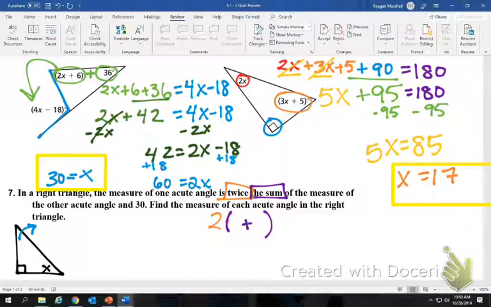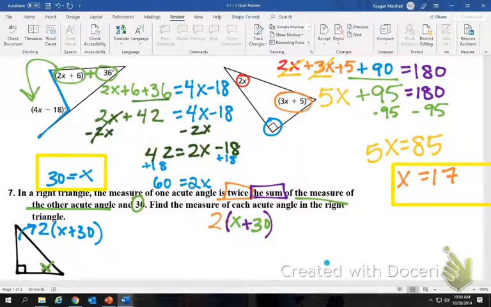So 2 times parentheses. The measure of the other angle. What did we call the other angle? We called it x. And then 30. So 2 times x plus 30. After this, we now have 3 angles in a triangle. We can add them up, and they will equal 180 degrees.